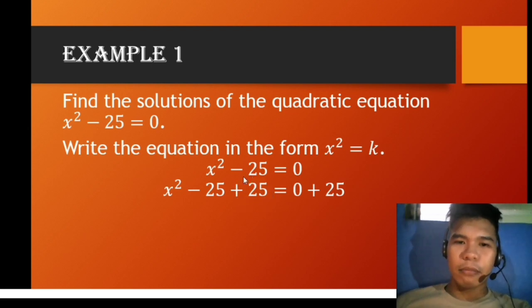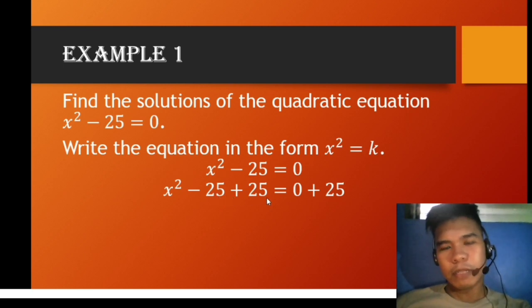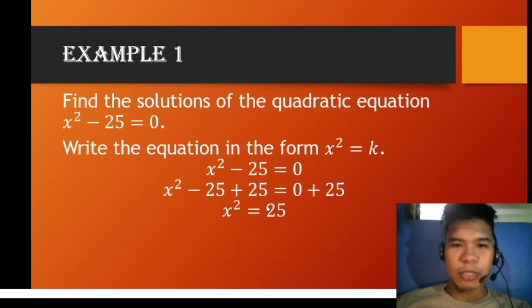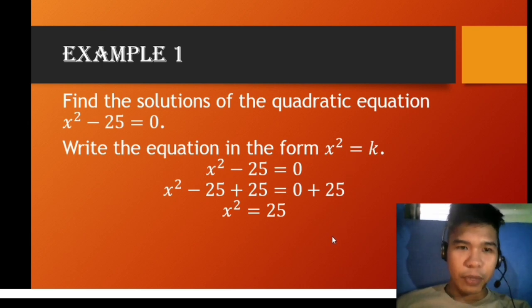Since we add positive 25 here, since this is an equality, we need to add also 25 on the other side of the equation. So negative 25 plus 25 here will now become 0. So what remains is x squared equal to, on the right side, 0 plus 25, and that is 25. As we can see, x squared equal to 25 is now in the form x squared equal to k. So we are now ready to extract.